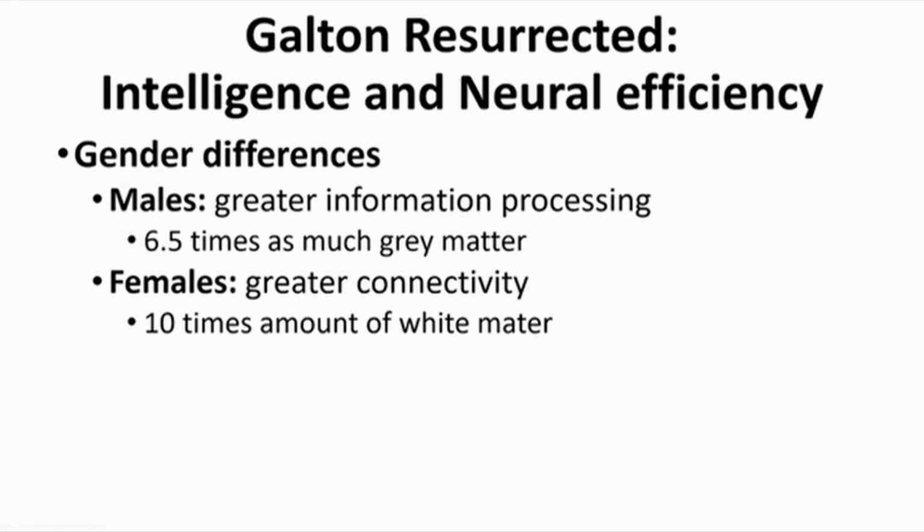They have more gray matter, which allows them to process information at a higher rate, whereas females tend to, on average, have greater connectivity. So they'll have more white matter, on average, than males will. And like I said, in the next section, we'll talk more about what that might mean in terms of abilities as they relate to intelligence.